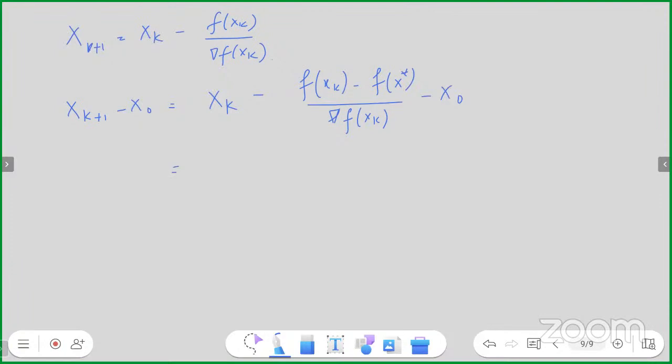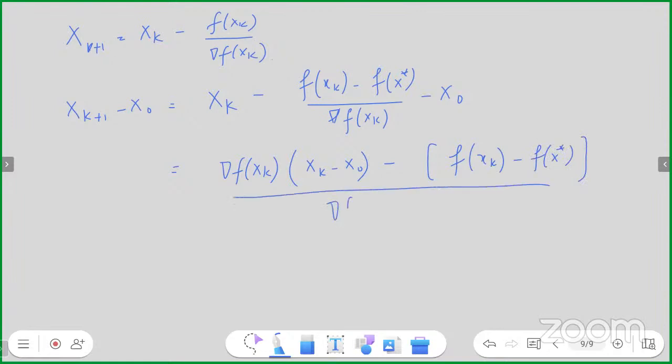So what can I write this as? Del f of x_k times x_k minus x star, minus f of x_k minus f of x star, divided by the derivative of f at x_k.